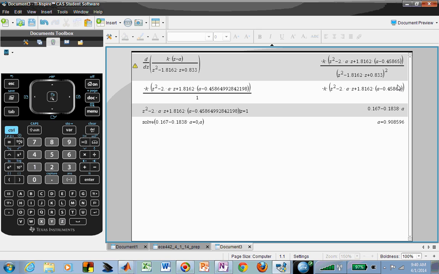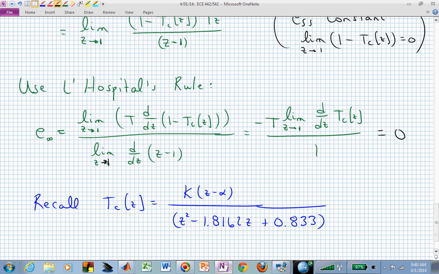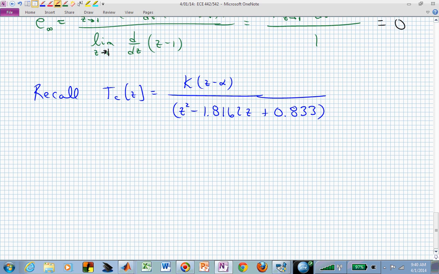And that now allows me to come back here and say that now from the calculator, or I guess I've now called it alpha, or earlier I called it alpha, is now this 0.908.